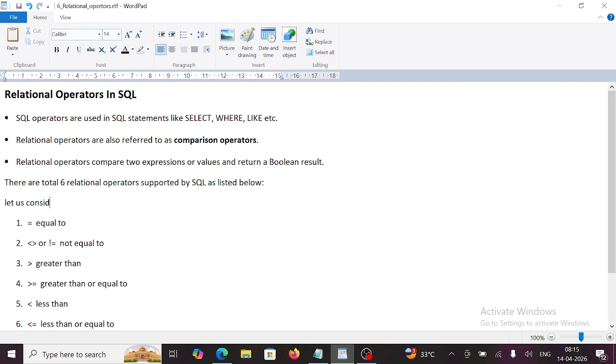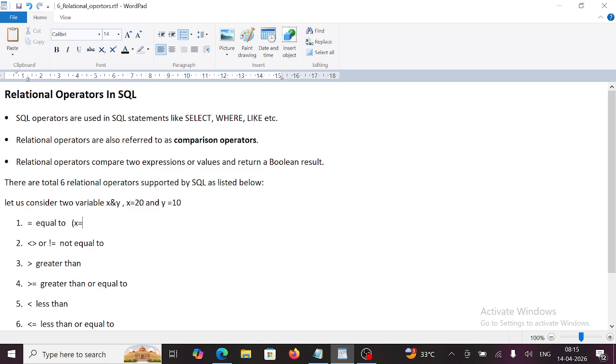Let us consider two variables, x and y. X is equal to 20 and y is equal to 10. X holds the value 20 and y holds the value 10.